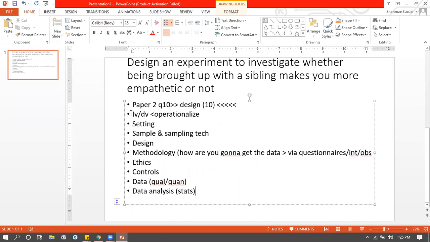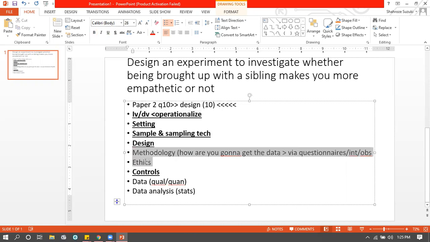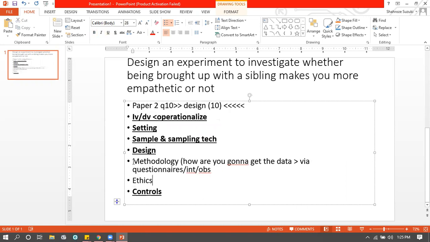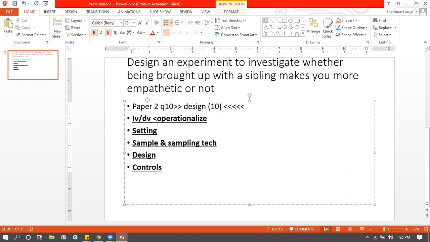So far in our syllabus we've done pretty much these and these. We haven't done anything other than that, so I'm going to highlight them. I want you to talk about the things we've highlighted, so I'm going to remove the rest for now.